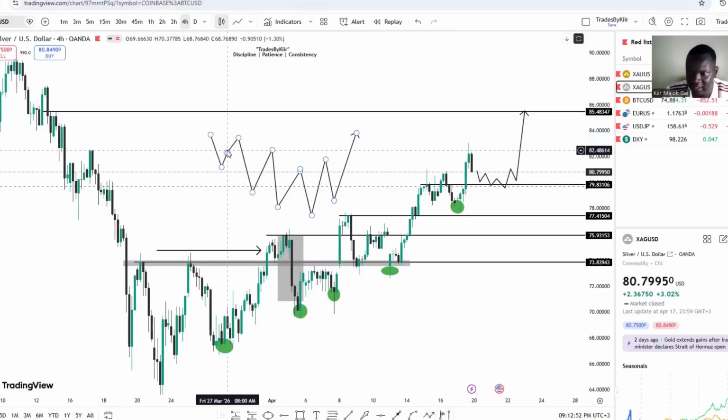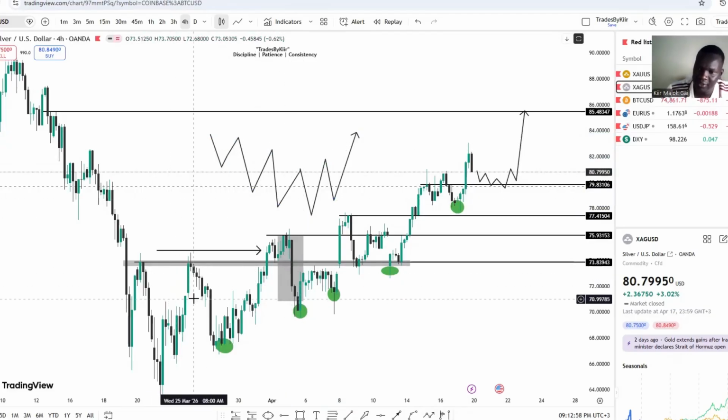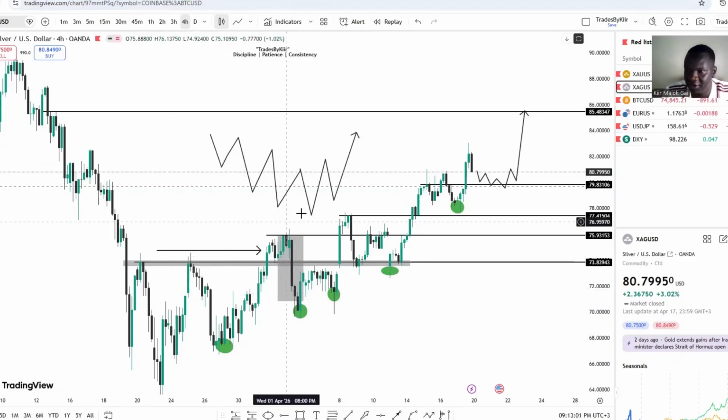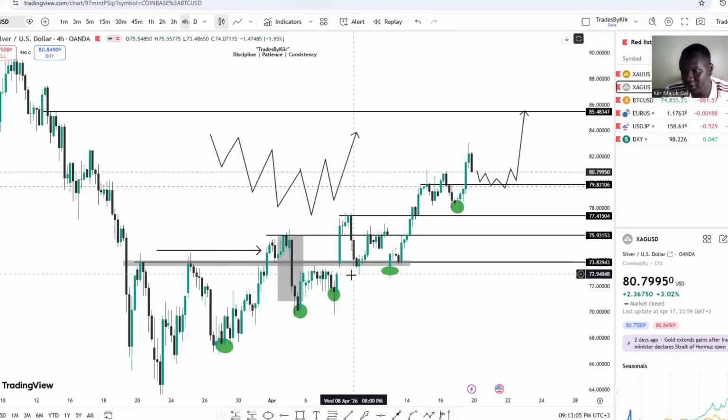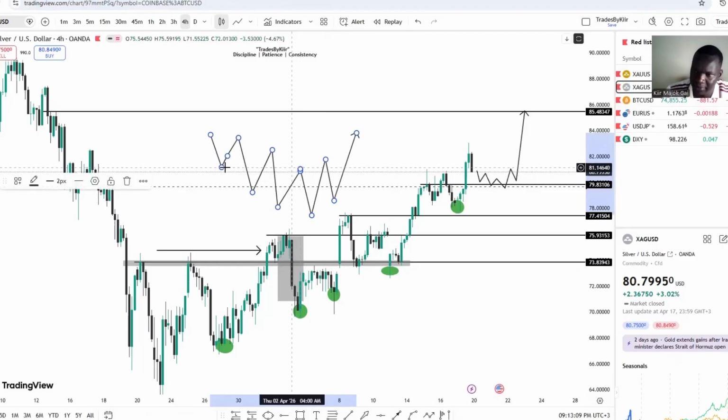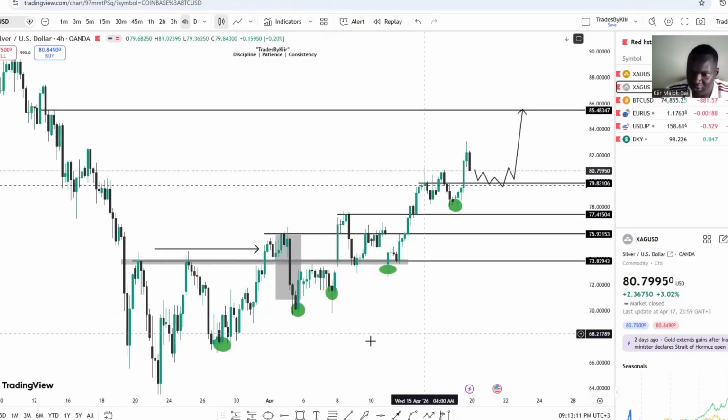That's just like a market structure shift. When price gives you a shift on the lower time frame, that's the perfect time to enter, or you even wait for it to come back to your zone where it's indicated from, and then you take your buy in this case. So we say that is one indication here.